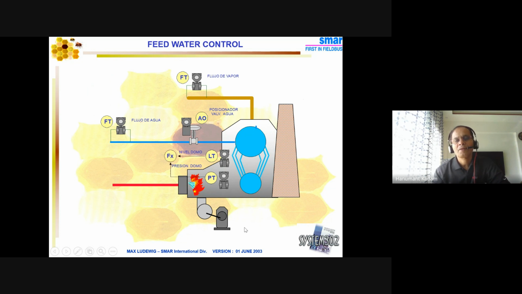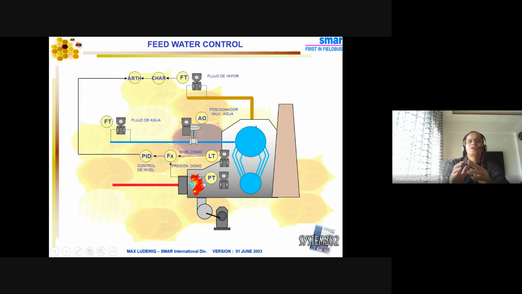So you see here, here you have the PID loop. A lot of algorithm is mixed with characterization, arithmetic, summation, integration. Everything is there in this.